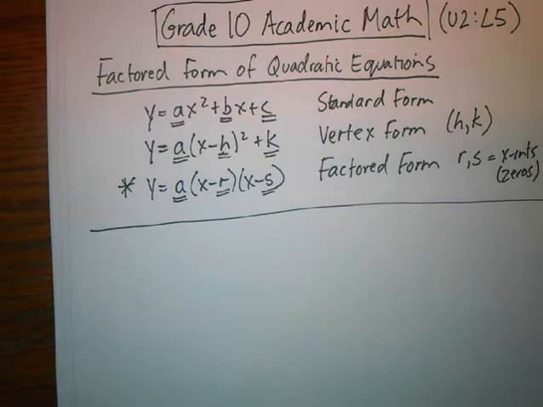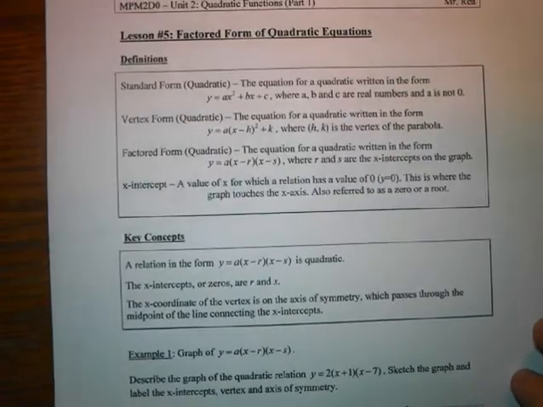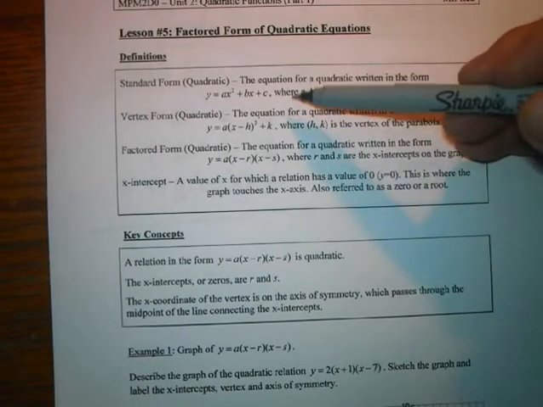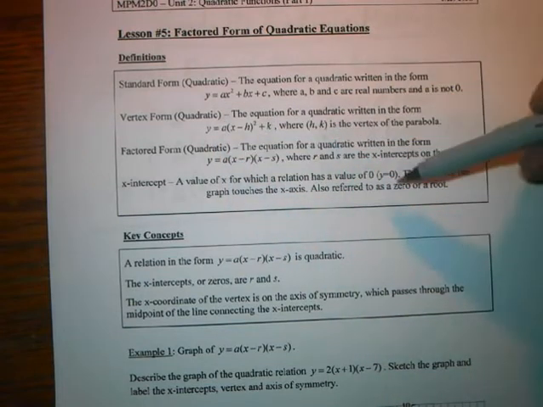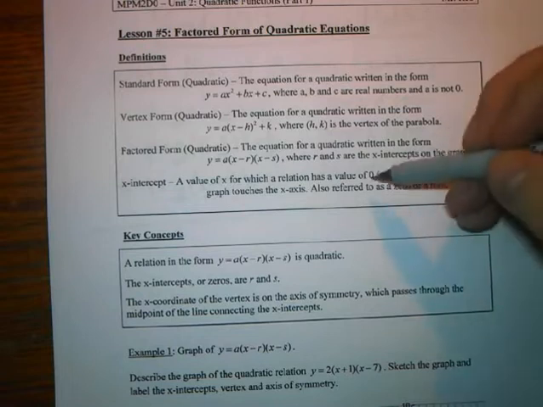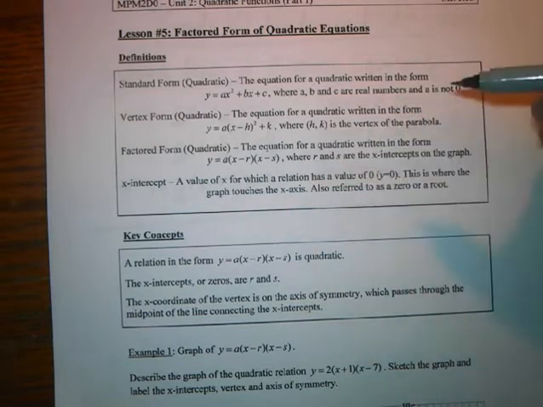If you refer to our lesson note, I'll bring that up here. So this is the lesson note. We basically covered all three of these things here, the different forms and what the values mean. The x-intercept, or the zero, is what the r and the s are.